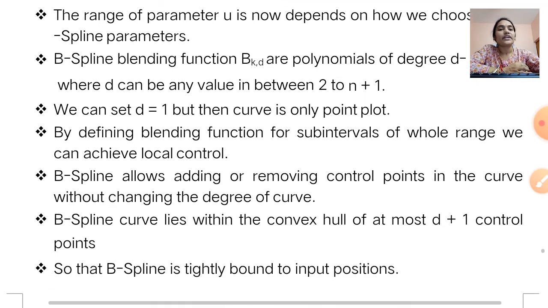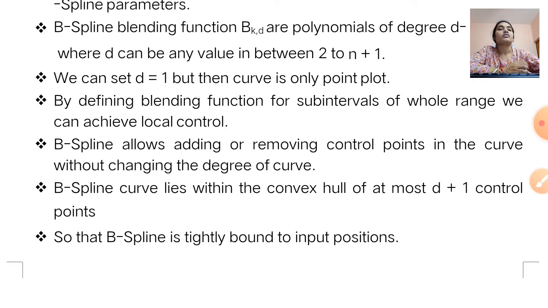By defining blending functions for sub-intervals of the whole range, we can achieve local control. That means when we draw a curve between the first control point and the last control point, there are many control points in between.